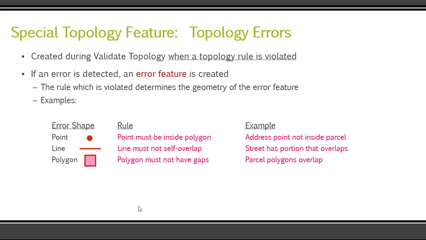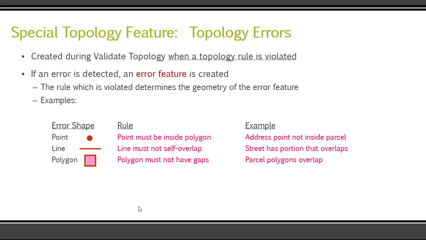If an error shape of a point appears, so let's say that we had a rule that said point must be inside of polygon. If we have a data set of addresses and a data set of parcels, we know that an address point should be inside the parcel. Well, if there's an address point that's floating around and not inside a parcel, that point is going to have a red graphic drawn on top of it. That's how you drive to that error and how you visually see that the error is there.